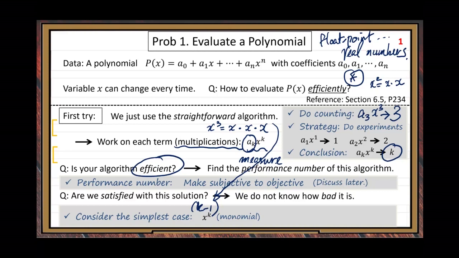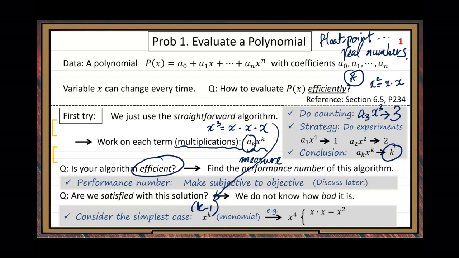Now we try to do something different and see if we can improve a little bit. Here I use a simple example. Let's consider k equals 4, the x to the 4th power function. To calculate x to the 4th, let us do the calculation in these steps.